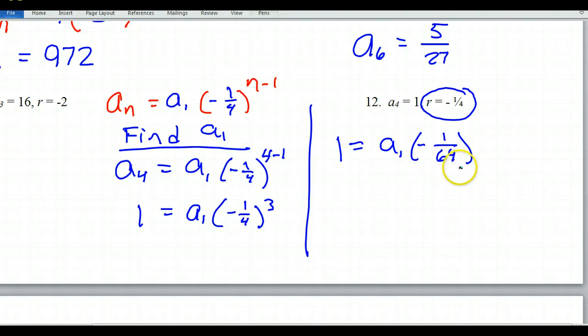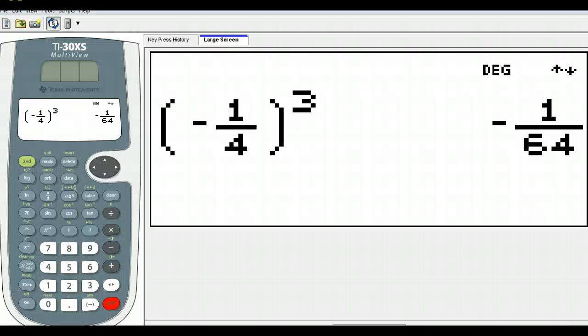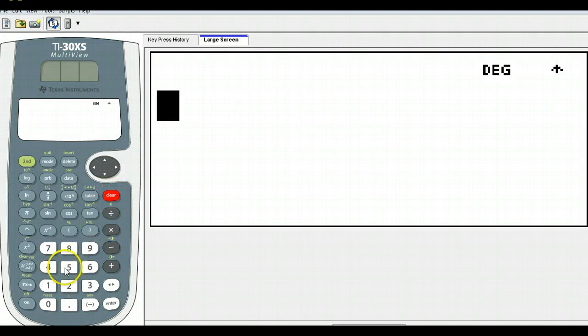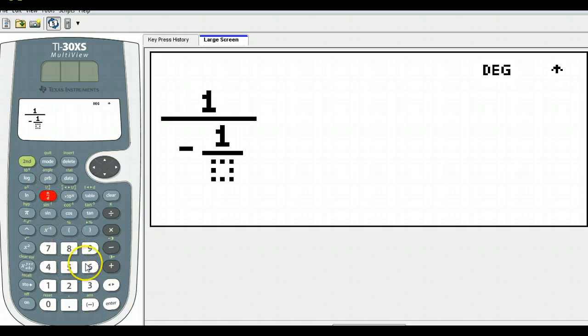Okay, so I've got the -1/64. Now, of course, if I want to get A1 by itself, I need to divide both sides by negative 1 over 64. So I need to do 1 over negative 1 over 64. In the calculator, I can do 1 over, and then negative 1 over 64.